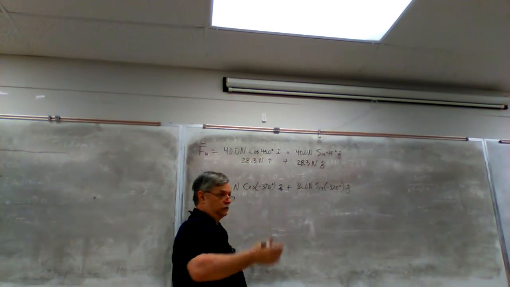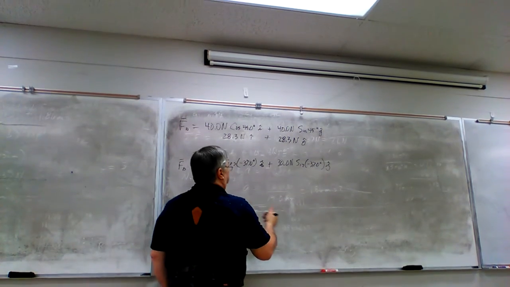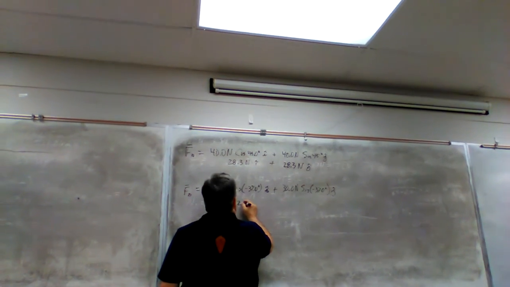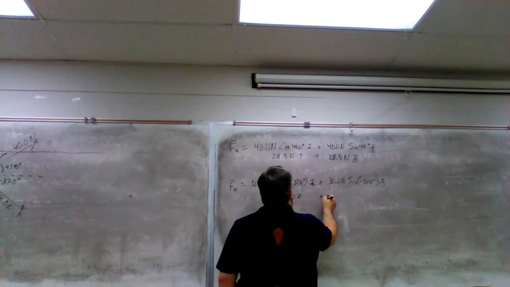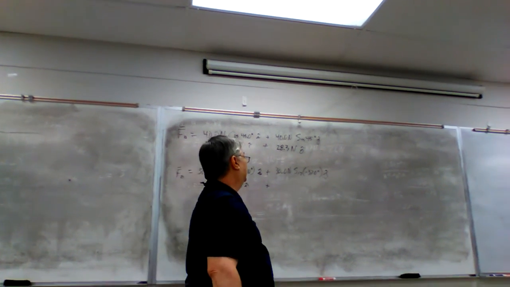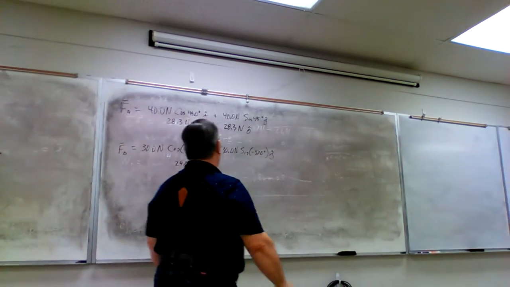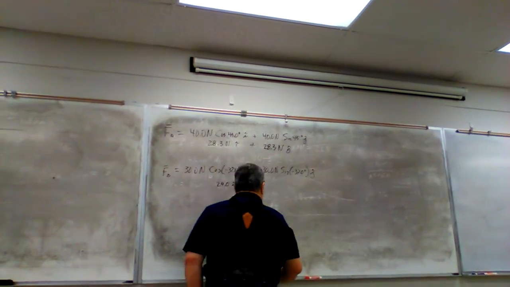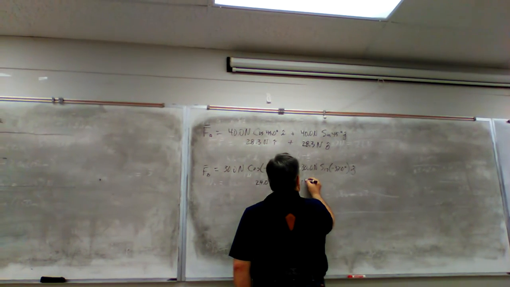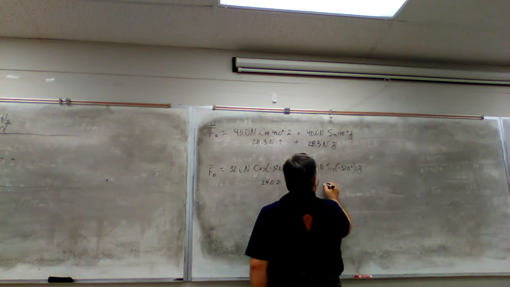0.95, so that would be 24.0 i plus 30 times the sine of minus 37 degrees, minus 18.1 j.